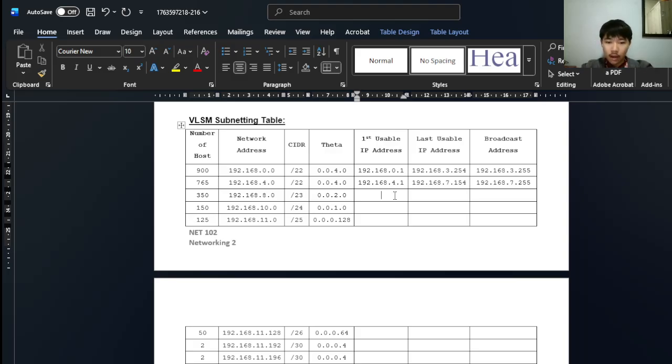And then the next one, just increase by 1. So 192.168.8.1.